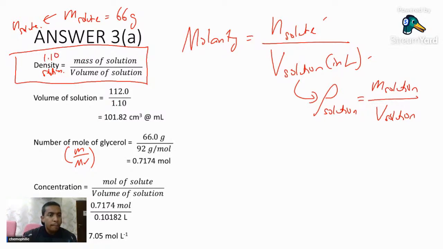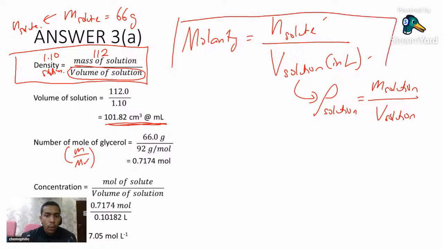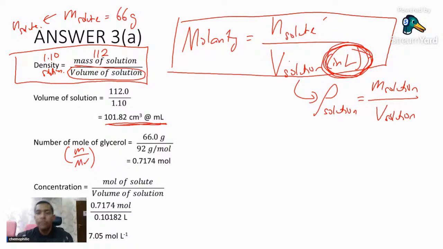The mass of solution was just now 112, from the previous question earlier. So now we want to find the volume, so 112 divided by 1.1. We got this volume, 101.82 milliliter. But don't forget, this one is in unit mL, and when you substitute inside our molarity formula, it must be in the unit of liter. So don't forget to convert it when you substitute inside here.